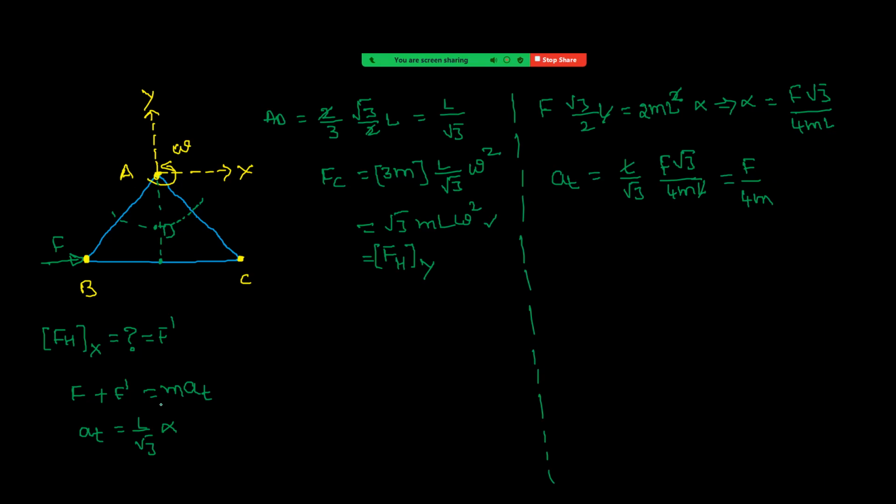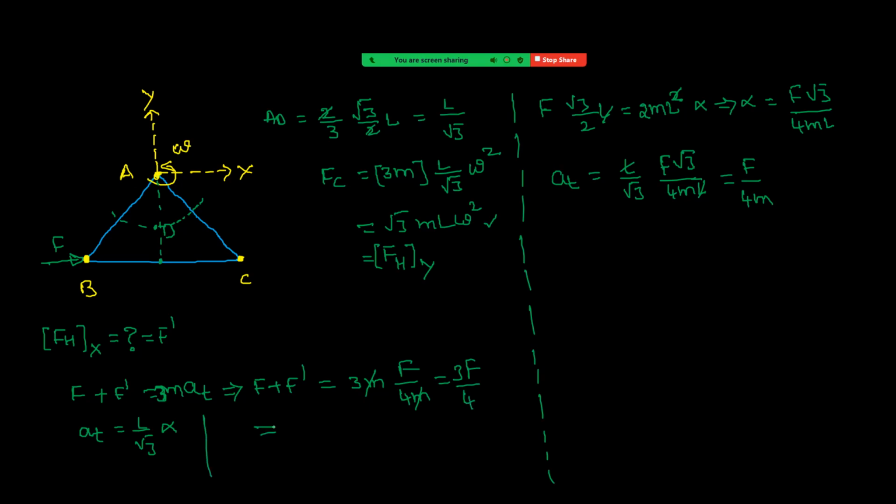Now take that here and see one more thing. We take 3m here because we are taking the force equation for center of mass. So now substitute the value: F plus F dash is equal to 3m into a_t. a_t value is F by 4m, so this is now 3F by 4.